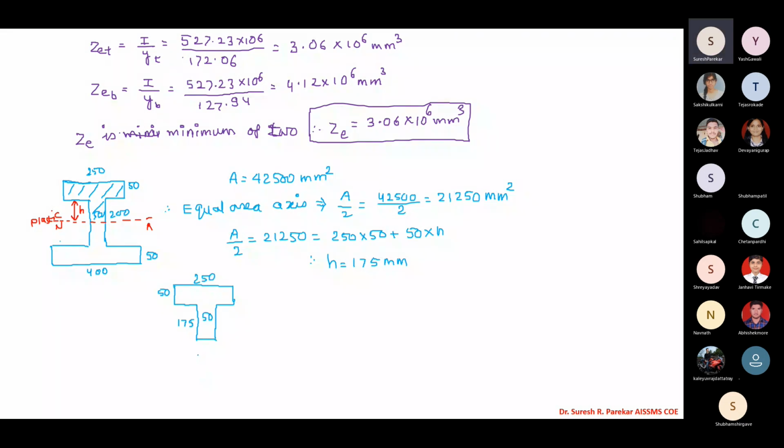And then second part I have below this, which will be 25. So you will understand exactly how we are going to take moment. So this will be 25, 50, 450.